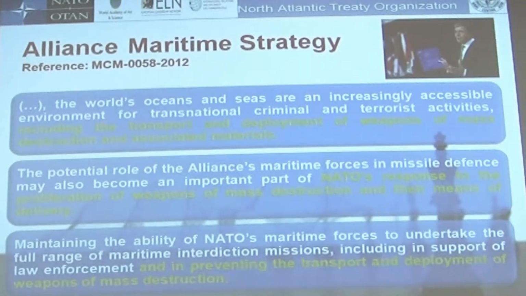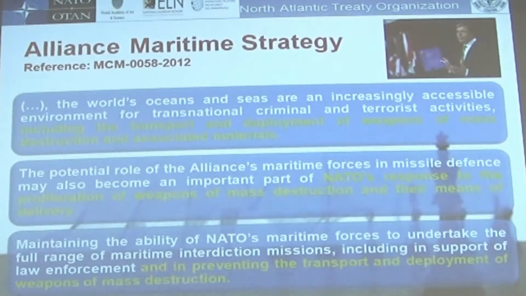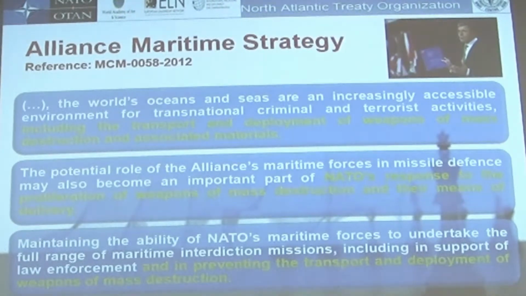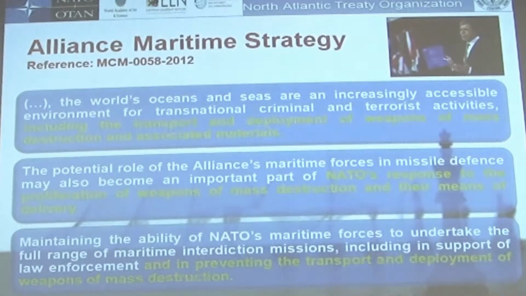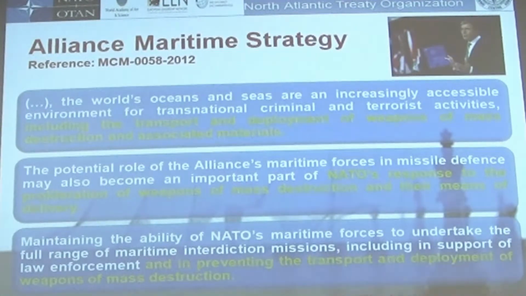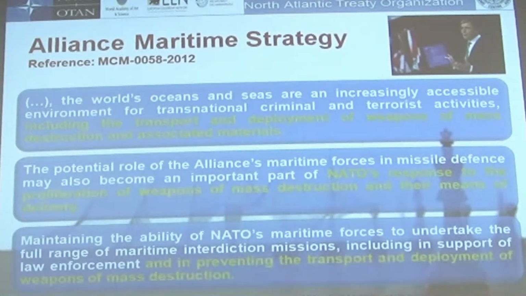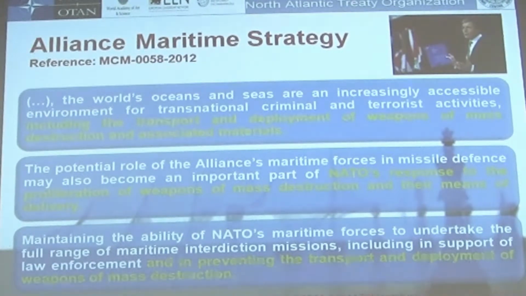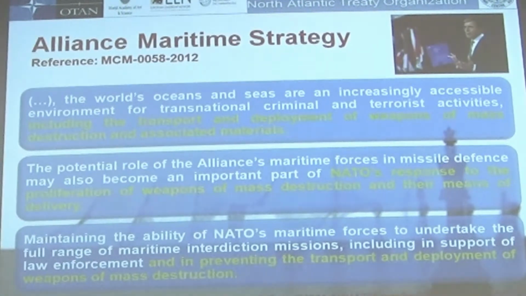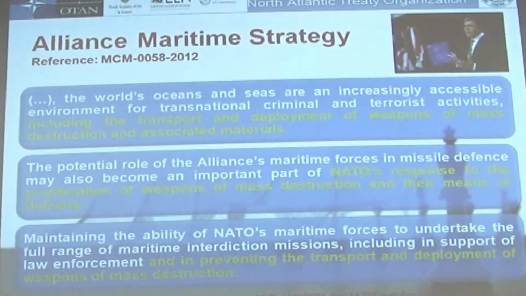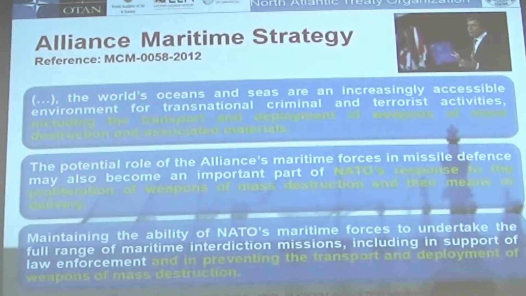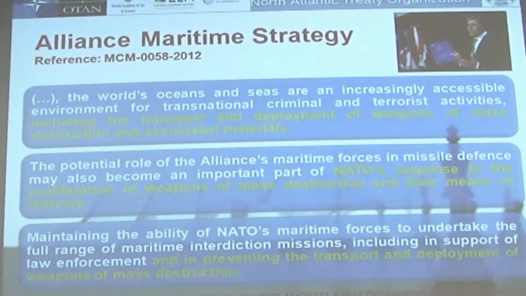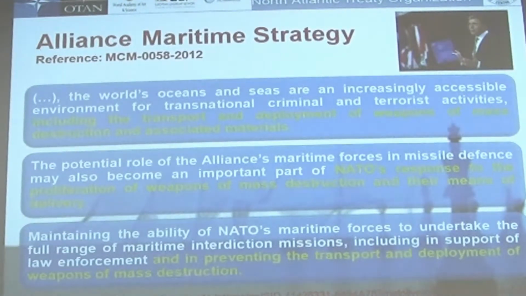So also in this Alliance Maritime Strategy, which is related clearly to the strategic concept, but is slightly 5 months older, but uses already the terminology of the concept. So we identified the need for non-proliferation measures, and we should be capable to use maritime assets for this purpose as well.